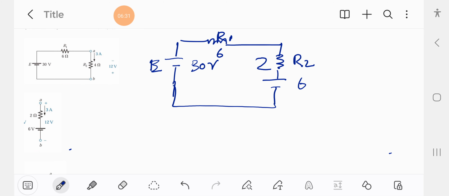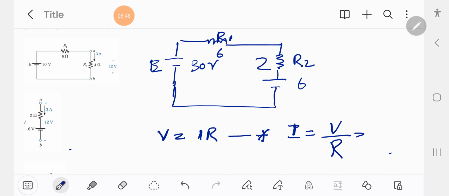If we are going to find I, it is V divided by R. Here we have a series connection, so R is equal to 6 plus 2, and V is 24.